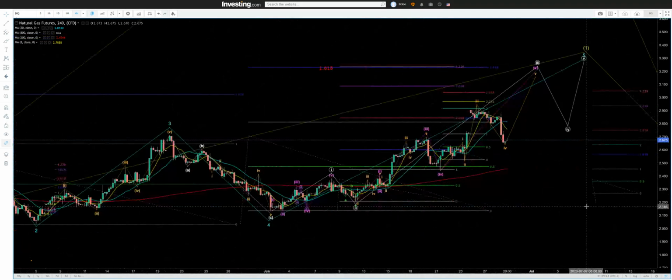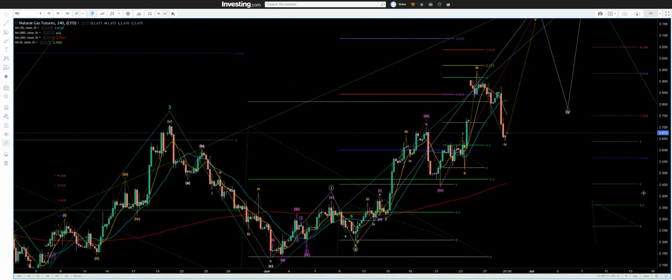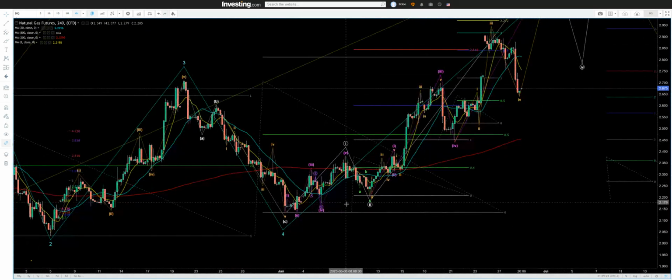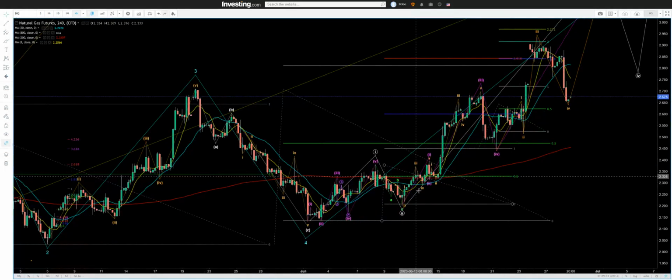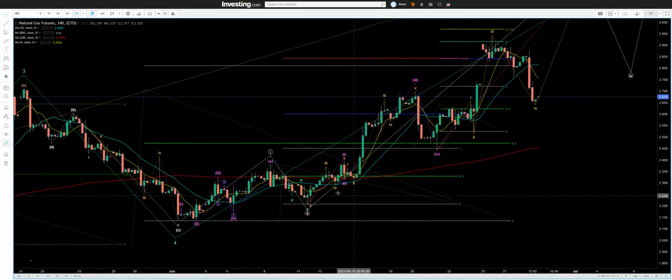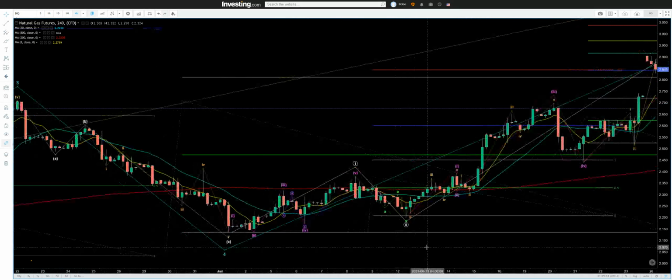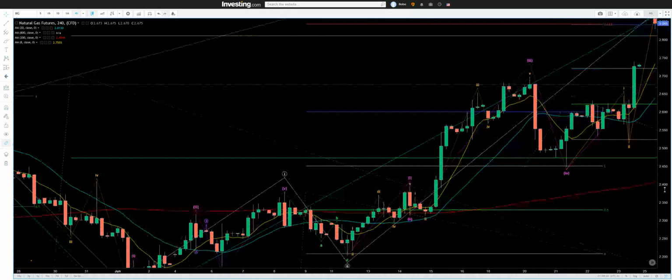So let's get a close-up look at where we're at. I'm just going to review the count here. 1, 2. So 1 is right here. Very difficult to see, if you can see that.